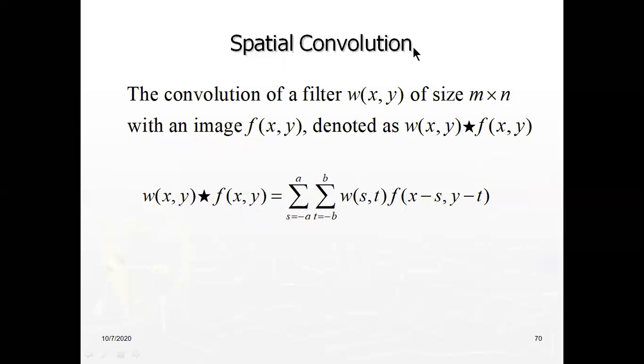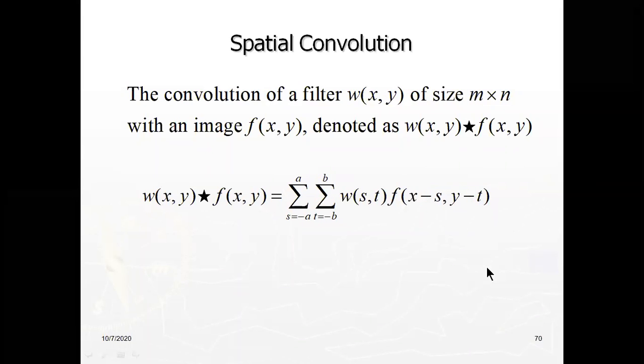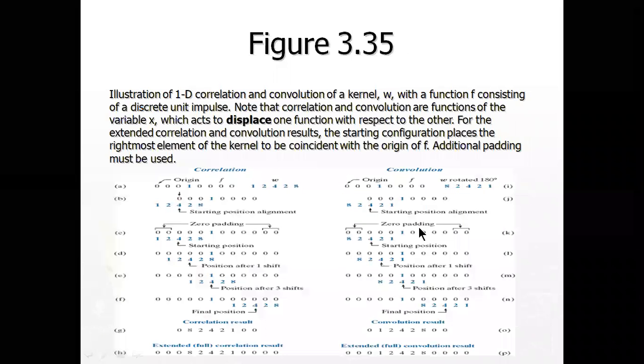Similarly, the convolution is specified by a star which is darkened, and that's what we write over here. The only difference between this and that is that in the correlation we have plus signs, and in the convolution we have minus signs. That's the only difference. So let us take some examples corresponding to this.